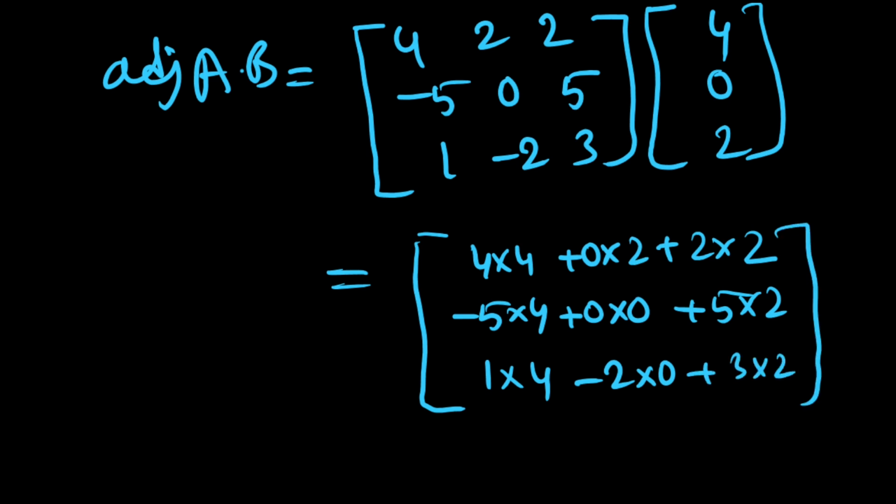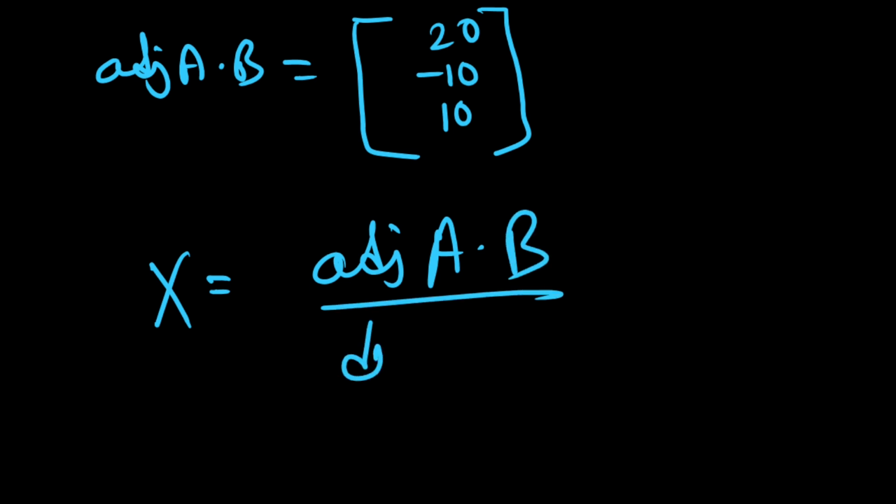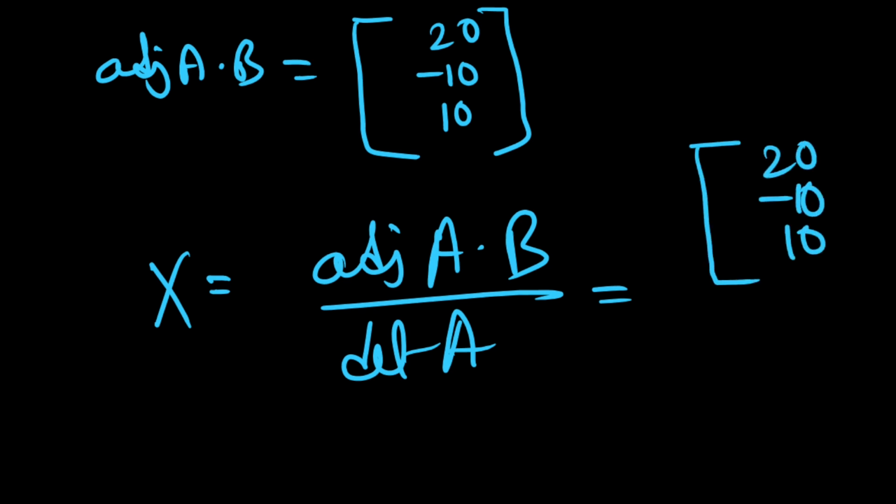If we calculate, the adjoint of A multiplied by B gives the matrix 20, minus 10, 10. Therefore X is equal to the adjoint of A multiplied by B over the determinant of A, that is the matrix 20, minus 10, 10 over the determinant of A.